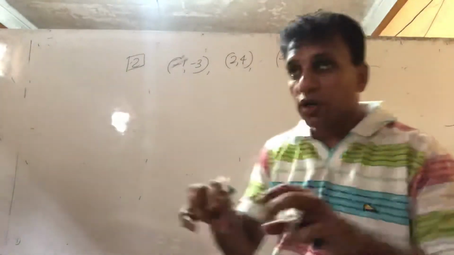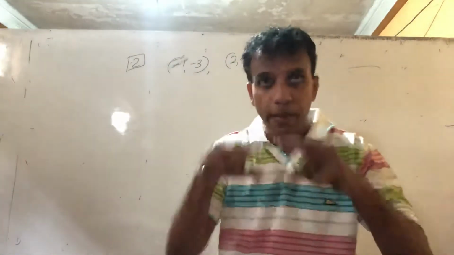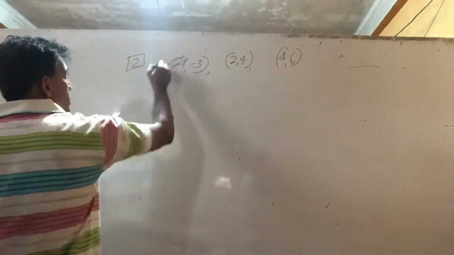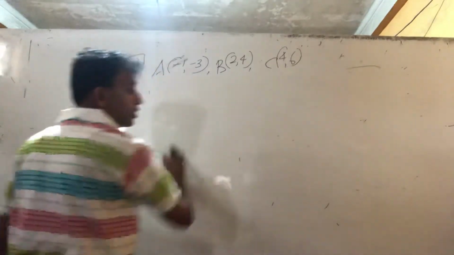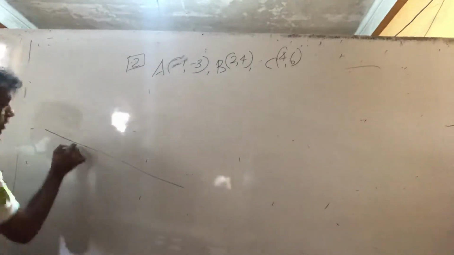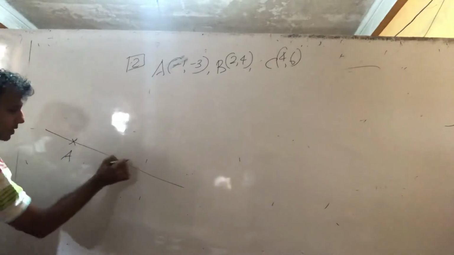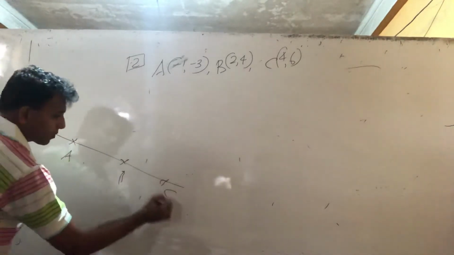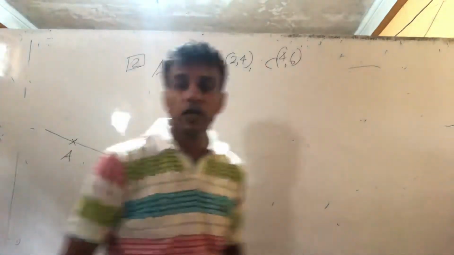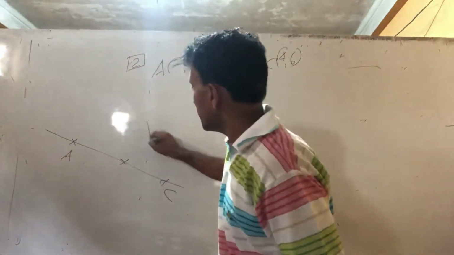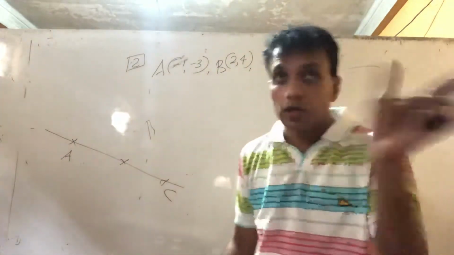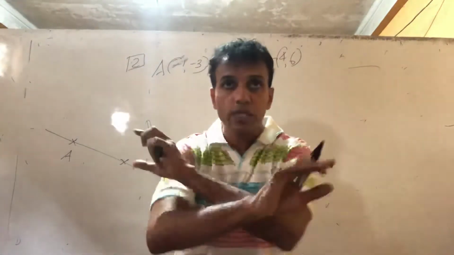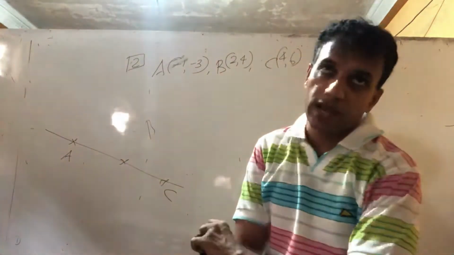For example, if I say here A, this point B, here C, you show that these points are along the same straight line. If B comes here, no, B is outside. A and C are on it, B is outside, not that. A, B, C, all 3 on the same straight line.